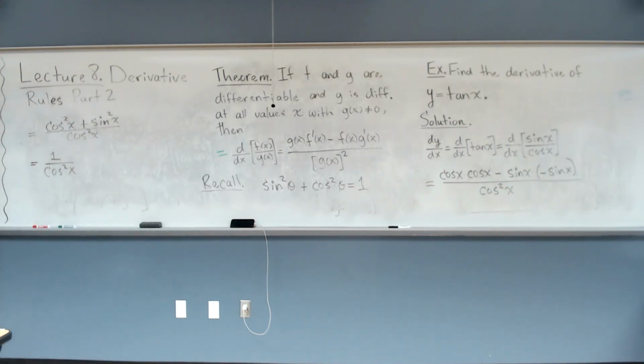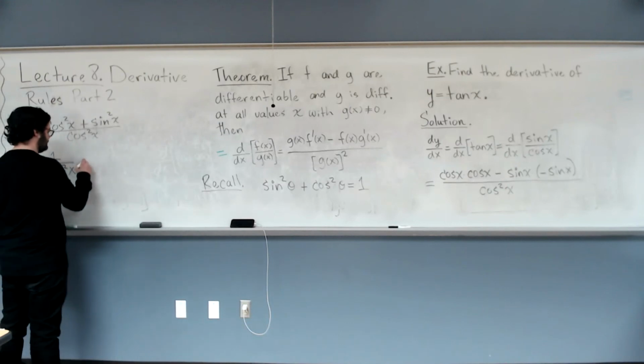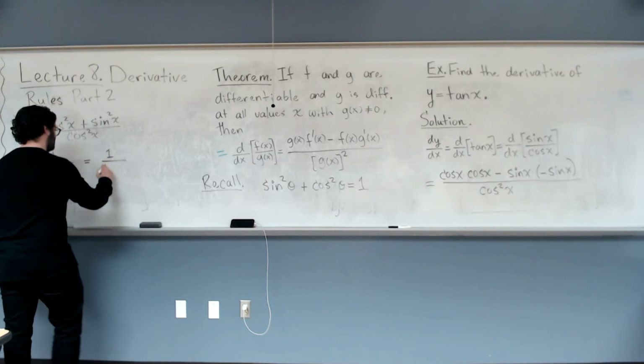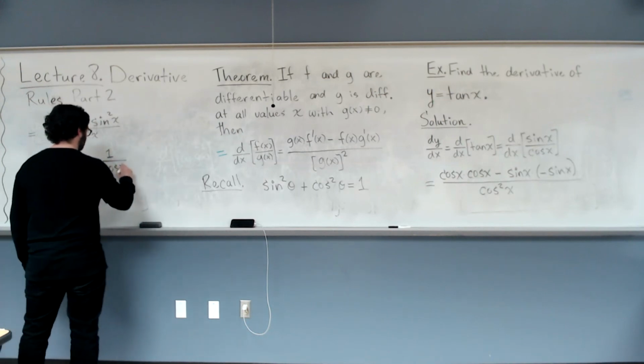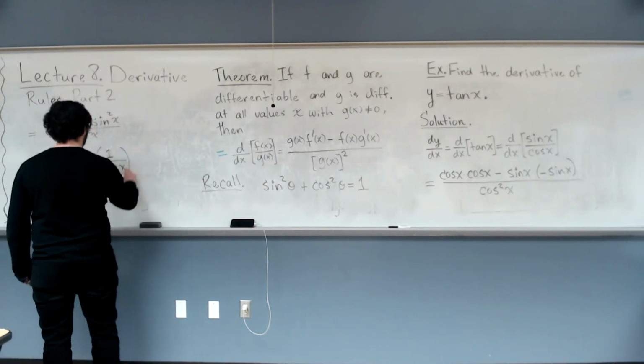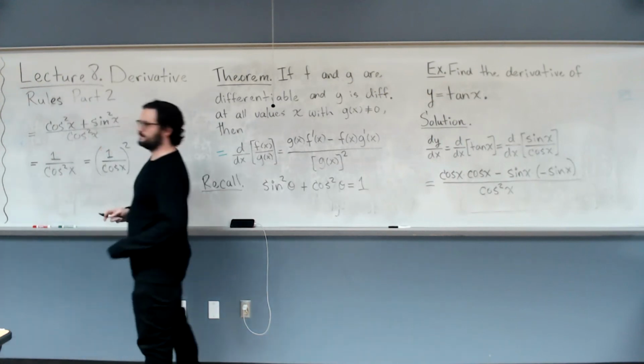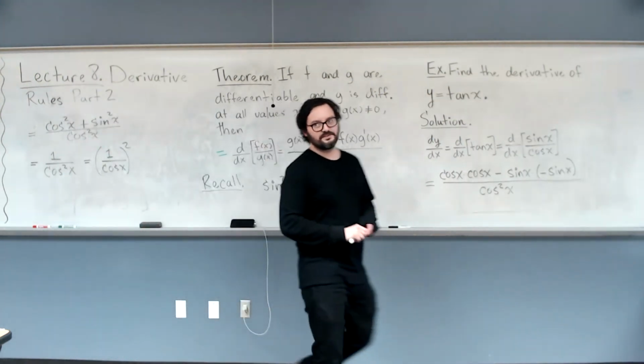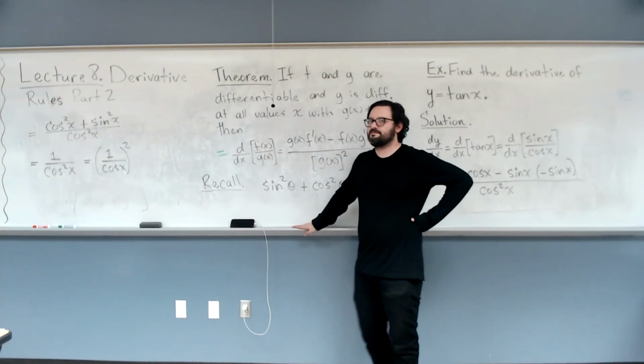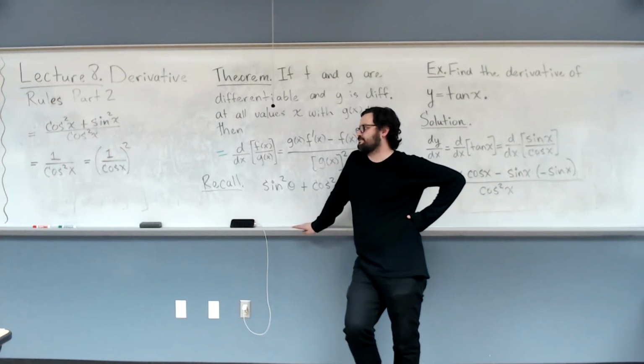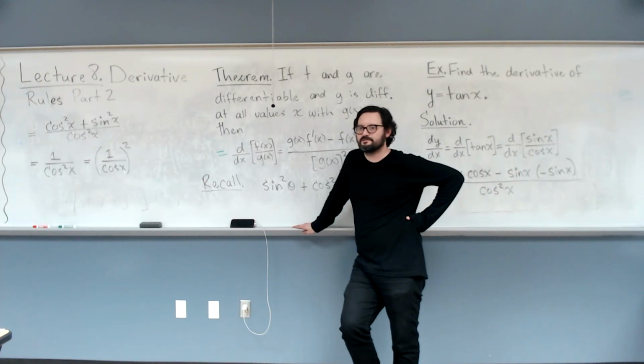But we're not done. Why do you think I wrote that? It's the same thing, right? 1 over cosine x squared is equal to 1 over cosine times 1 over cosine, which is 1 over cosine squared. What is 1 over cosine?